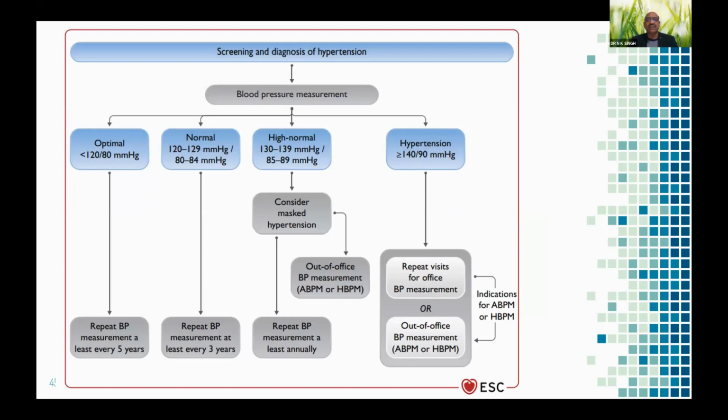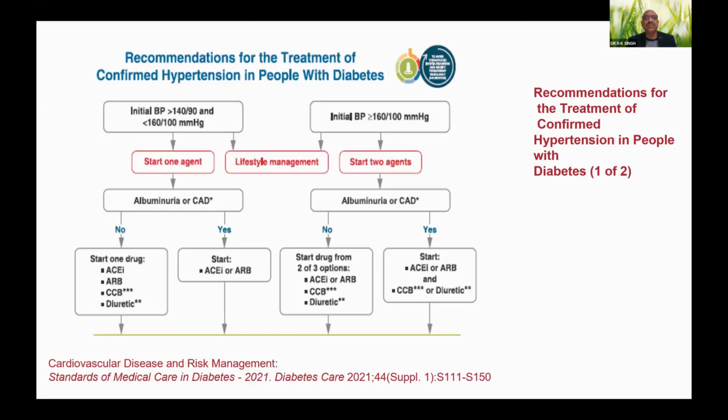Now, the European Society of Cardiology has given the screening and diagnosis of hypertension that is being followed. And we have also got our own RSSDI ESI guidelines. And I think just remember here that if the initial BP is more than 140/90 and less than 160/100, you start with one agent.